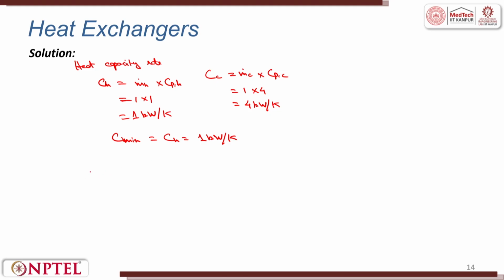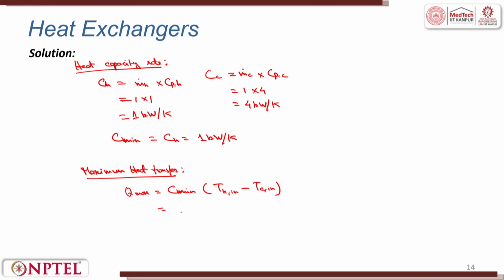Maximum heat transfer, Q max, is equal to C minimum into the difference in the inlet temperatures, that is temperature of hot inlet minus temperature of cold inlet, which is equal to 1 into 693 minus 293, which is 400 kilowatt.